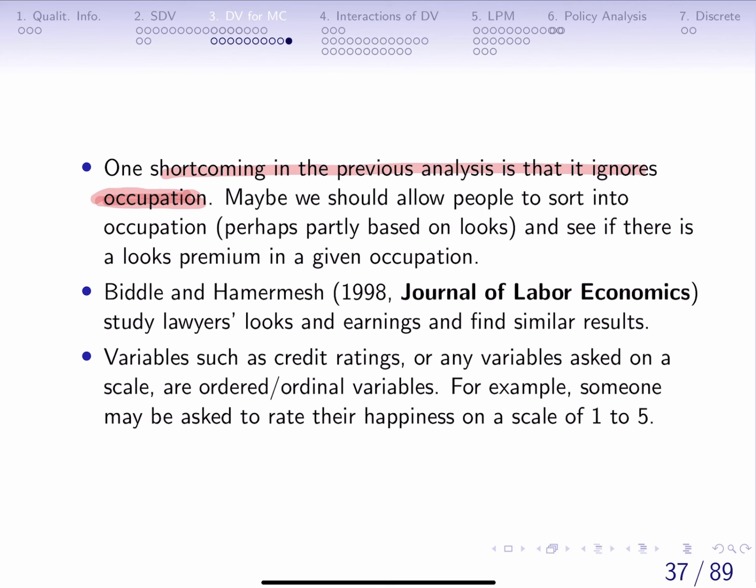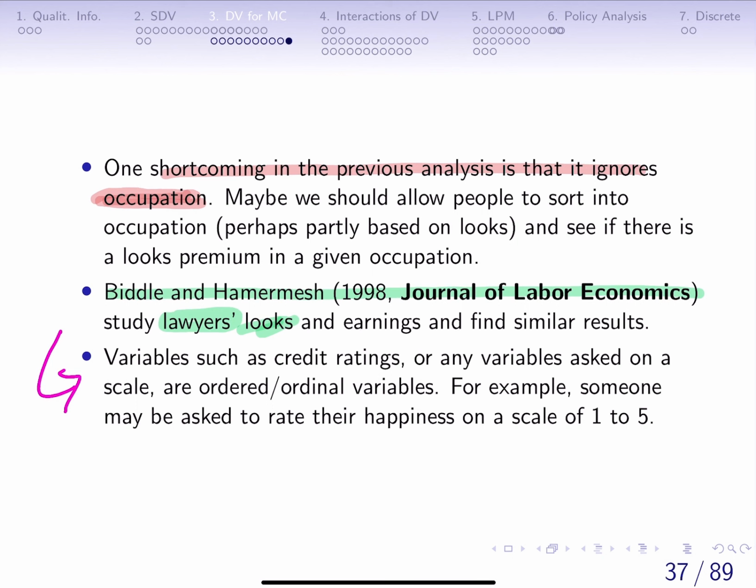So this is the problem, but you can take a look at this article that was published in 1998 where they were looking at whether lawyers' salaries or earnings were dependent on looks, for instance. Okay. There are many other examples.